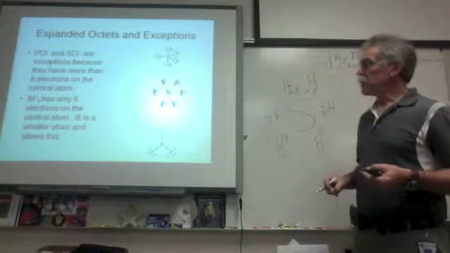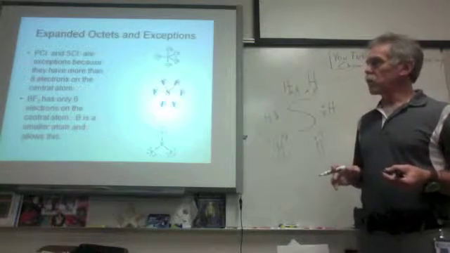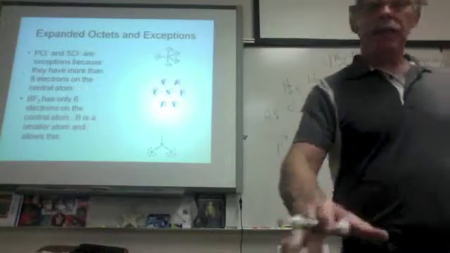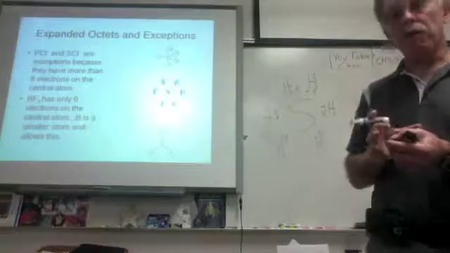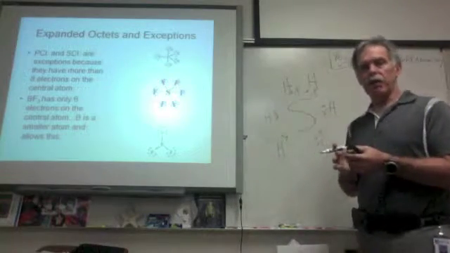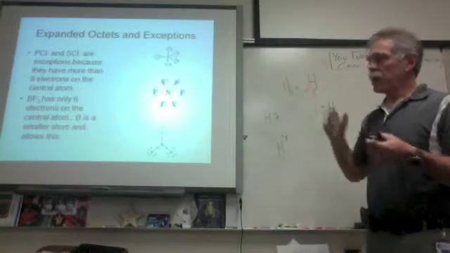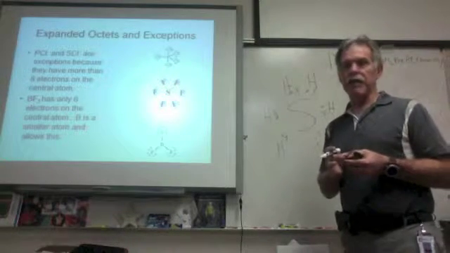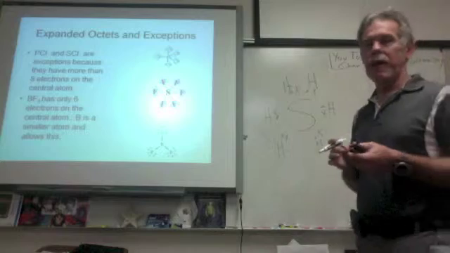So the bigger rings, the third and fourth rows, can do the extended octet. The second row is like the small dish. It can't fit all the puppies around at the same time. It can do a short octet. In other words, it can be short 2 and have 6.